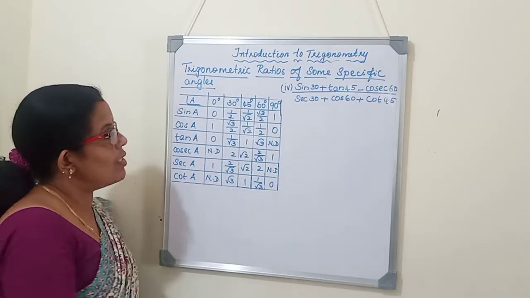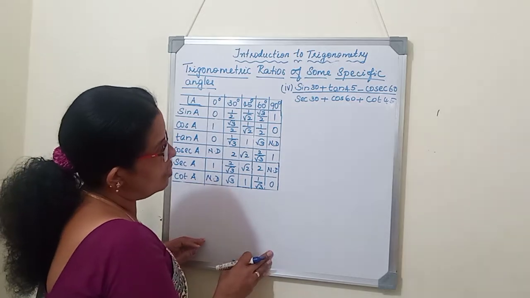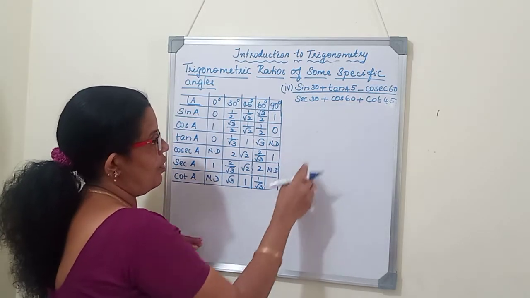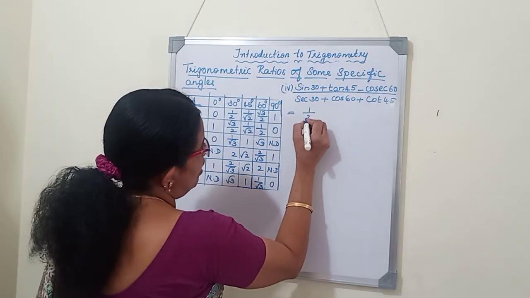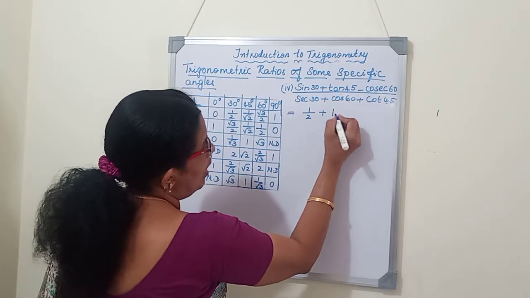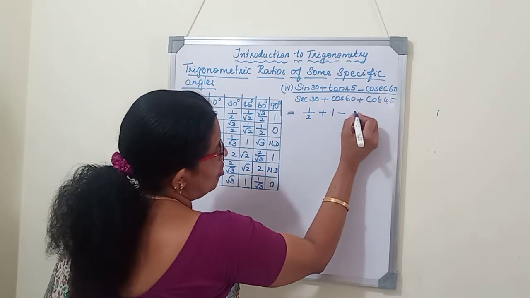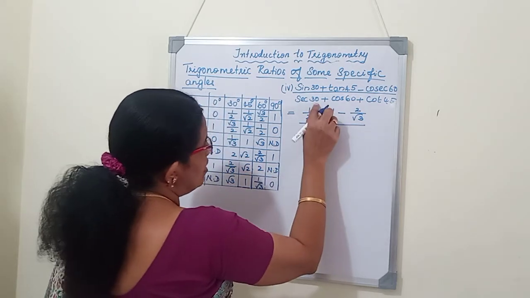So next question: sin 30 plus tan 45 minus cosec 60 by sec 30 plus cos 60 plus cot 45. So we will substitute each value. Sin 30 is 1 by 2, tan 45 is 1, minus cosec 60. Sin 60 is root 3 by 2, so cosec 60 is 2 by root 3, divided by sec 30.